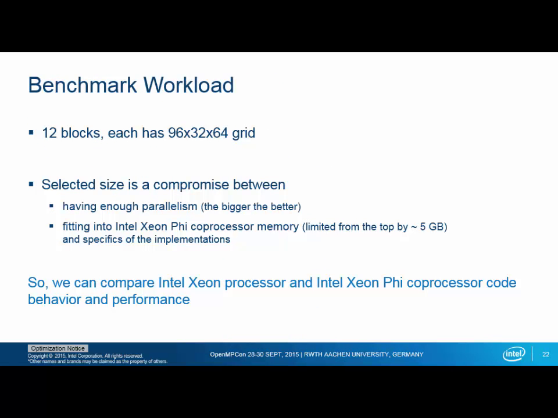Initially, we chose the benchmark workloads, and our choice was impacted by two factors. We should have enough data for parallelism, but we were limited by the memory available on the Intel Xeon Phi. This compromise between the two factors allows us to compare performance on the Intel Xeon and Intel Xeon Phi.